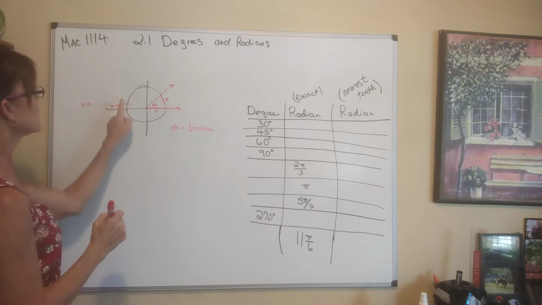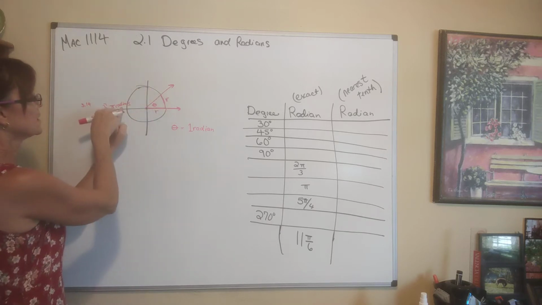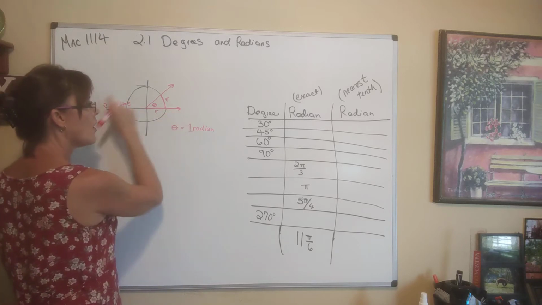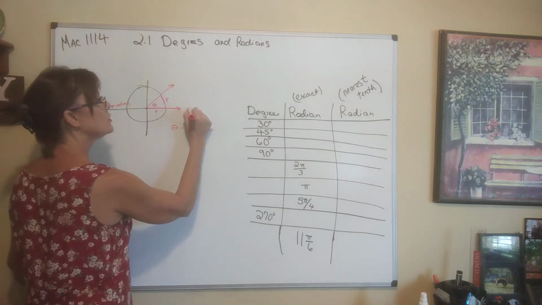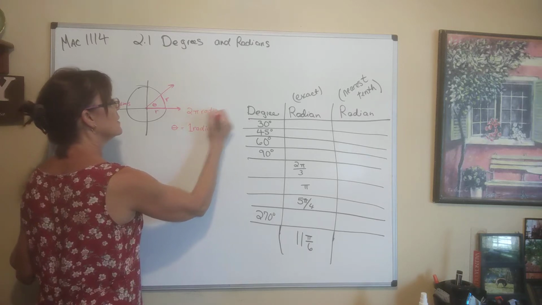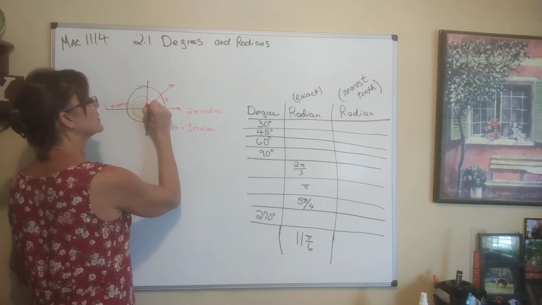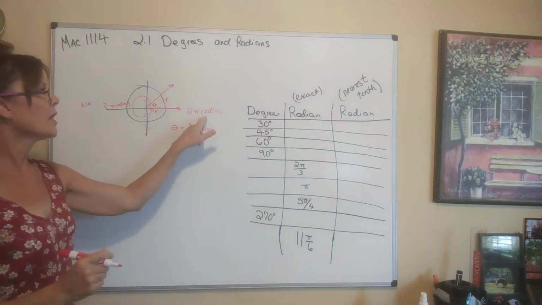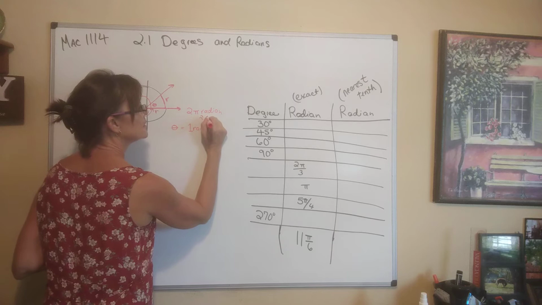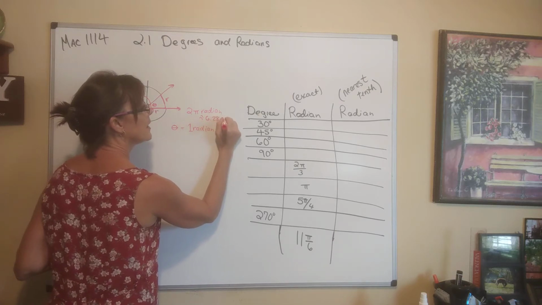It takes a little over 3 radiuses to get to here. And then from here all the way around the circle to here is 2 pi radians. So that's about 6.28 radians.